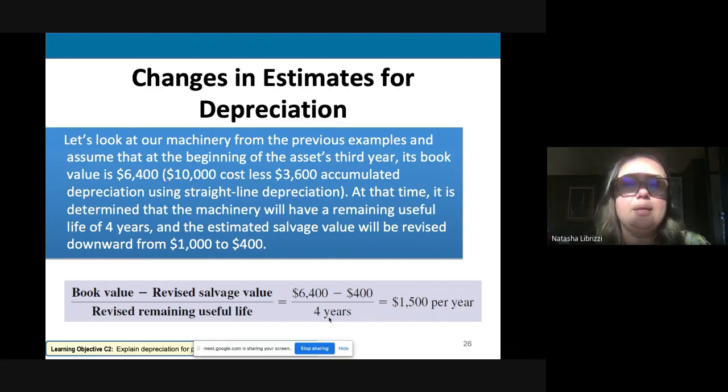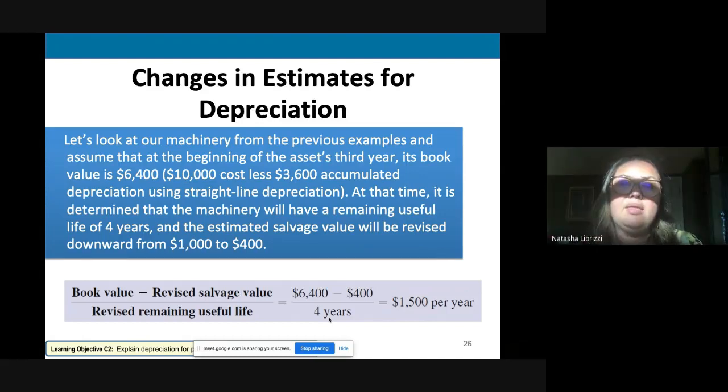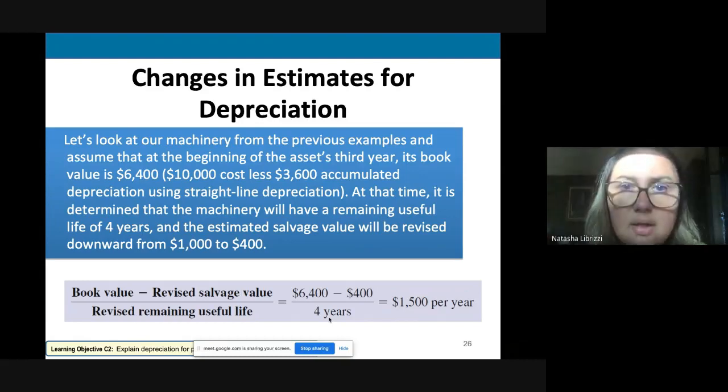At that time, it is determined the machinery will have a remaining useful life of 4 years. So remember, we thought we're going to have 5 and we used 2. So theoretically, we have 3 more, but we're thinking now we're going to have 4, right? So we added another year. And another thing happened, instead of having $1,000 salvage value, now we're going to have $400 salvage value.